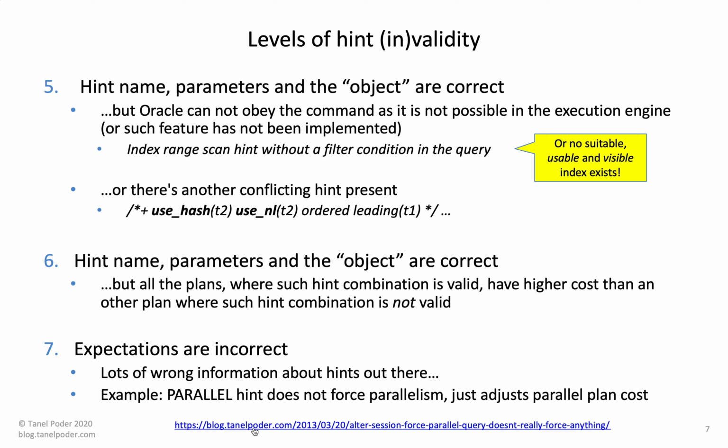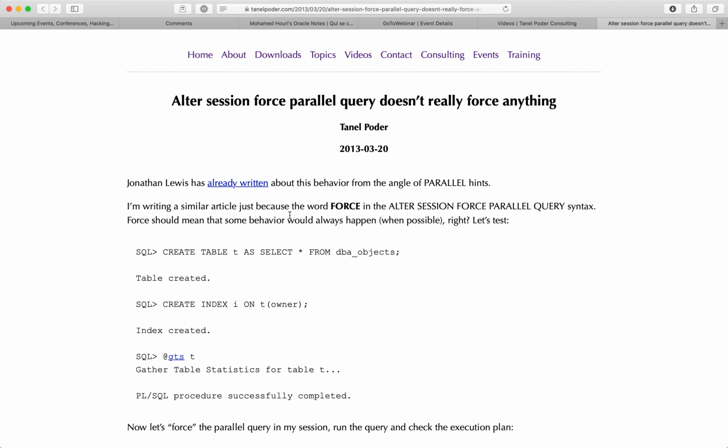So, for example, the parallel hint. The parallel hint does not force parallelism. Actually, there is an article by Jonathan Lewis where he explained it, and I've explained a similar thing from a different angle. This is not really a hint, but when you say alter session force parallel query, even that doesn't force anything.